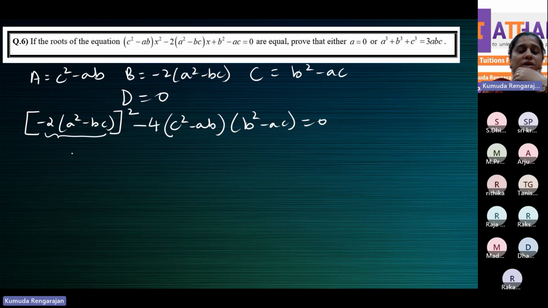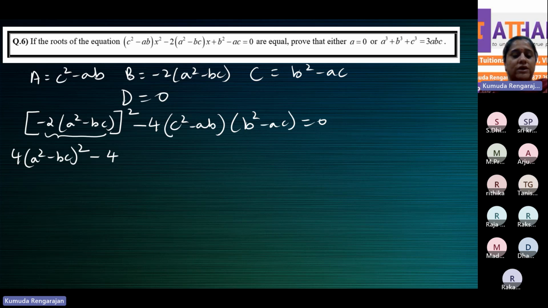Now from here you help me. Square it. Minus 2 squared is 4, and A square minus BC the whole square, because the square is for both of it.